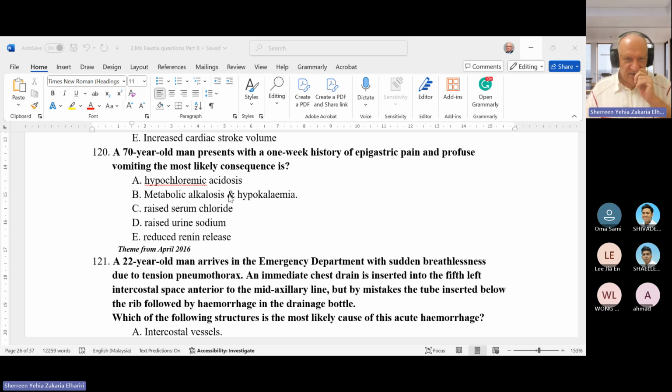This metabolic alkalosis can be associated with dehydration, associated with hypokalemia, and hypochloremia, the chloride is decreased. Okay, so it's metabolic alkalosis. It's very important, it can occur even in a baby with hypertrophic pyloric stenosis.